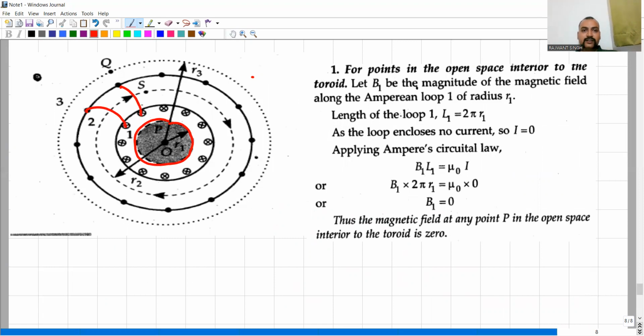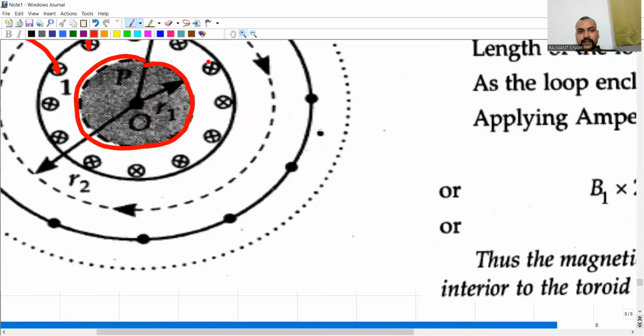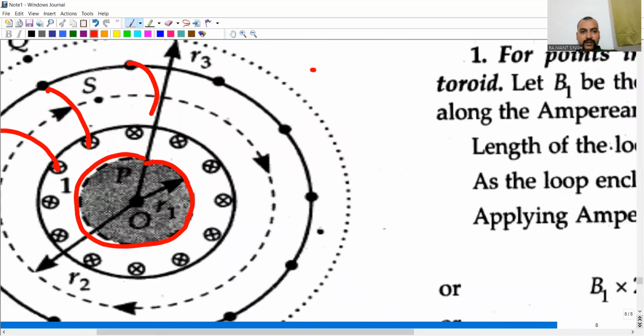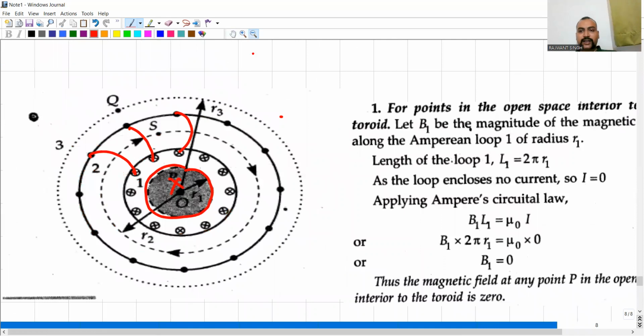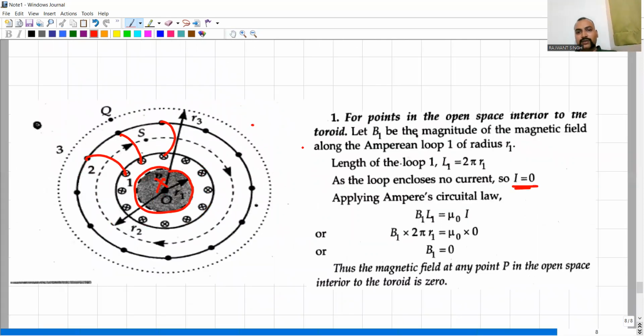The current is actually coming out from here and going in here. This loop is not enclosing any current, so I is equal to 0. The length of the loop is 2 pi r, but I is equal to 0, so the magnetic field also becomes 0. So the magnetic field at any point P in the open space interior to the toroid is 0.